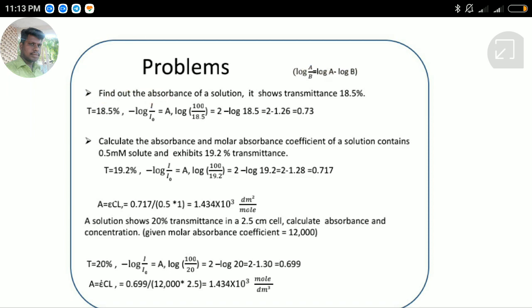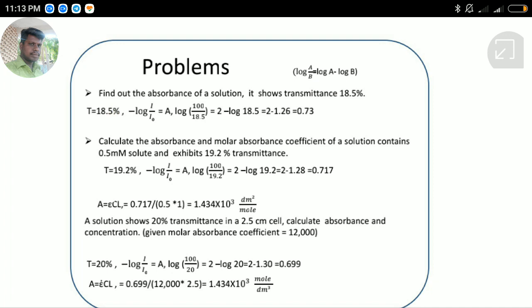The first question is to find out the absorbance of a solution that shows a transmittance of 18.5. So T, the transmittance, equal to 18.5, and we know that absorbance A equal to minus log I by I0, or A equal to log 1 by T. So we know this is a percentage.